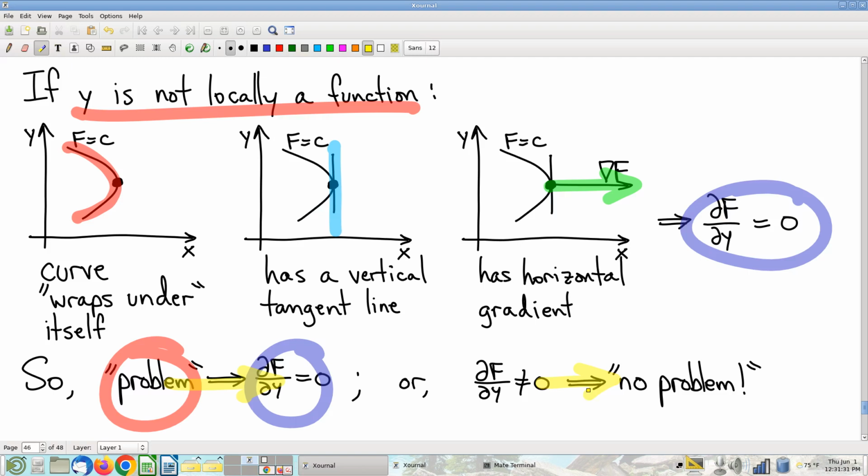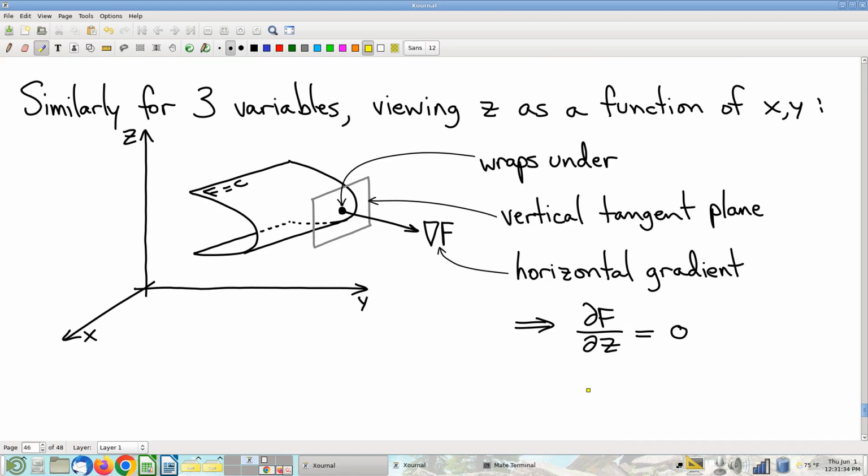Okay, so this is where we ended last time, and I want to point out that the same reasoning, morally, applies when you have more variables. If you have a surface in space, described as a level set of a function of 3 variables, so some equation involving x, y, and z describing some surface, and I asked the question rhetorically here, if you have some point, let's say there, can I view z, near that point, as being a function of x and y?